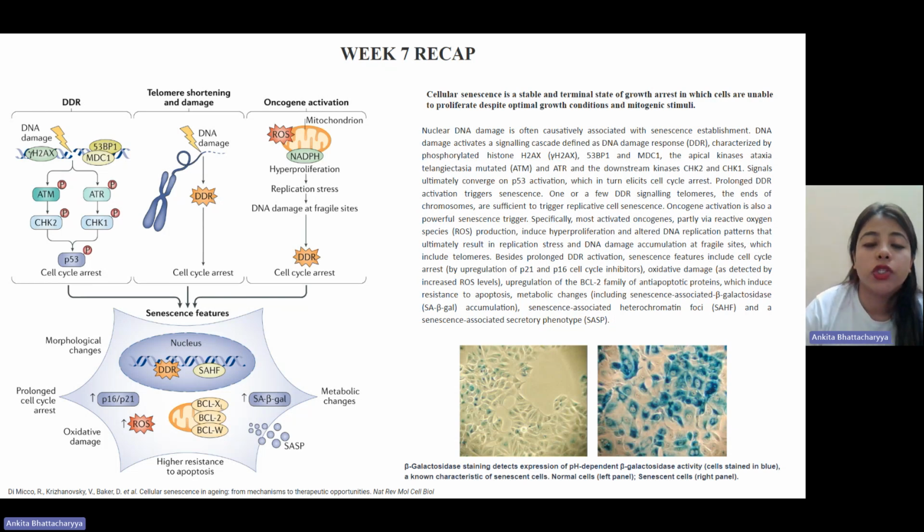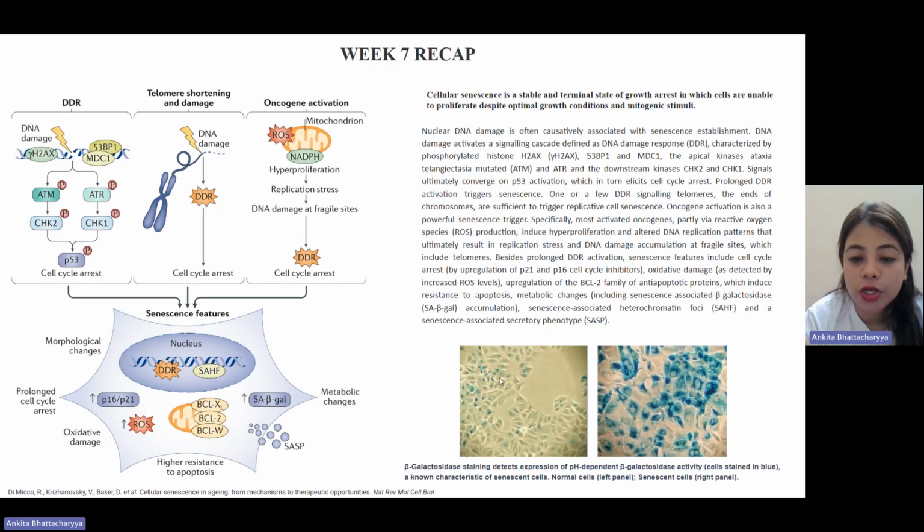Oxidative damage, which is detected by increased ROS, the upregulation of the BCL2 family of anti-apoptotic proteins, which induce resistance to apoptosis, and metabolic changes, including senescence-associated beta-galactosidase or SA-beta-gal accumulation, which is what you see in the figure on the right as well. What you see on the left is a normal cell, versus on the right, a population of cells that have entered senescence.